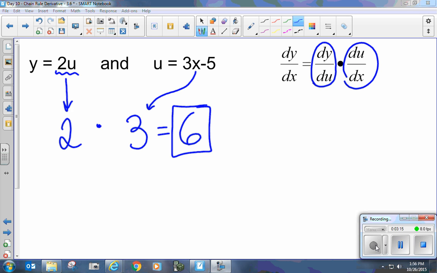That's it. So I take the derivative of the one item I have, and then I multiply it by the derivative of the item I replaced the u with. 2, 3.